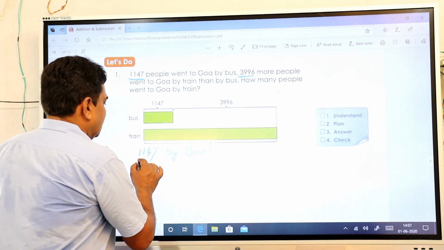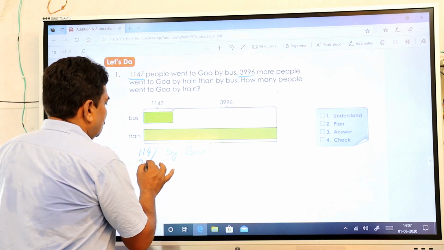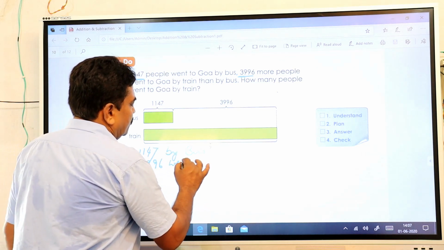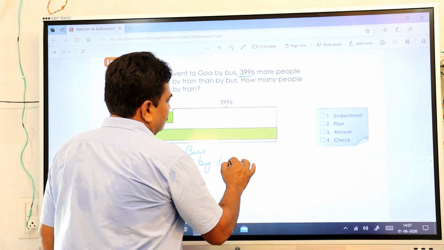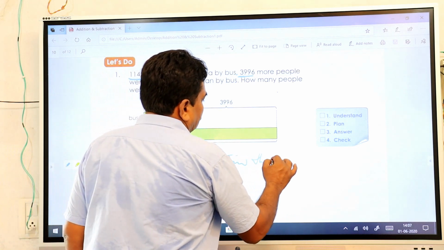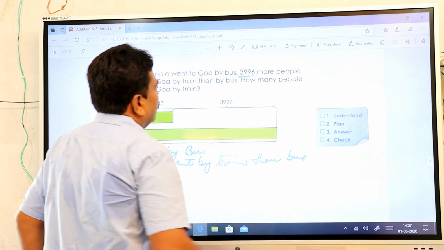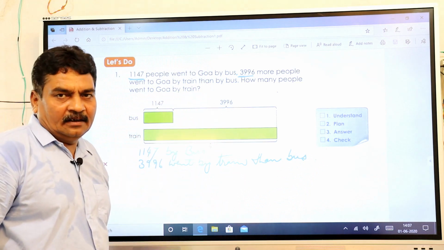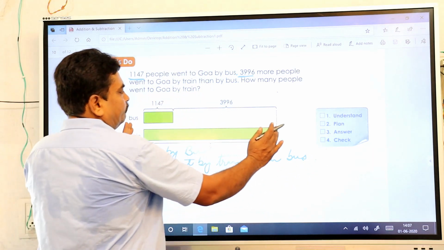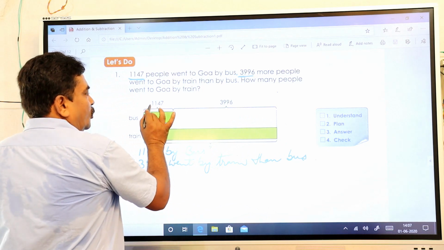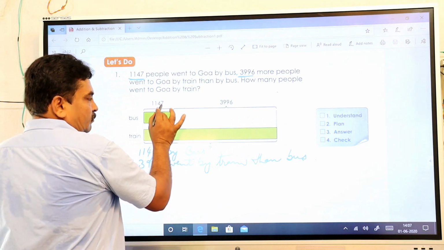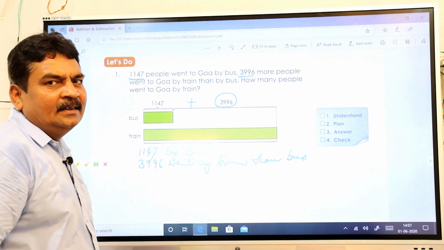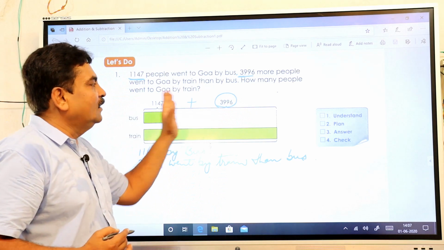So 3,996 went by train more than the bus. How many people went to Goa by train? This is the train, which is nothing but the total number of people who went by bus plus 3,996. So you have to add these two.